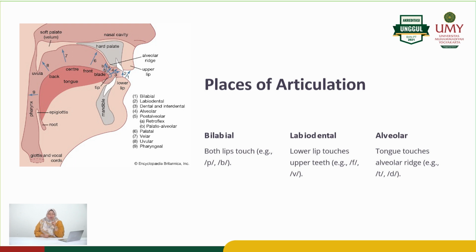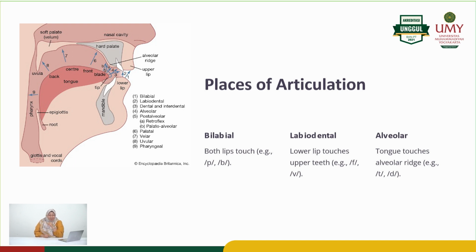Okay, so there are bilabial, named for the two labial, or both lips, because when we produce the sound, we put the lips together, p, b. While in labiodental, the lower lip touches the upper teeth, like when we produce the sounds f and v.